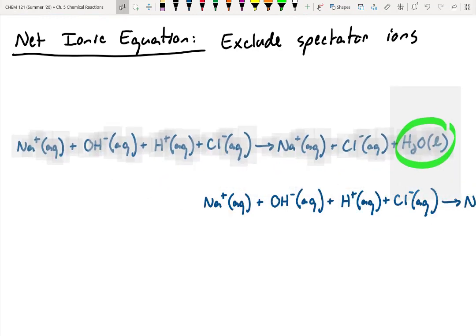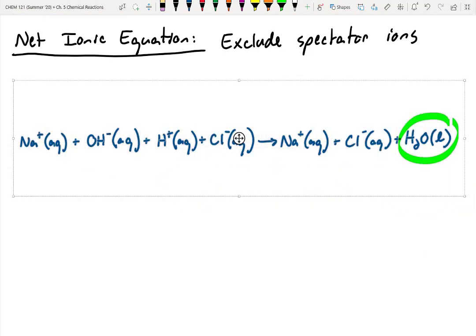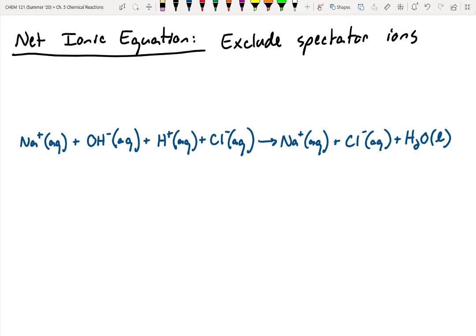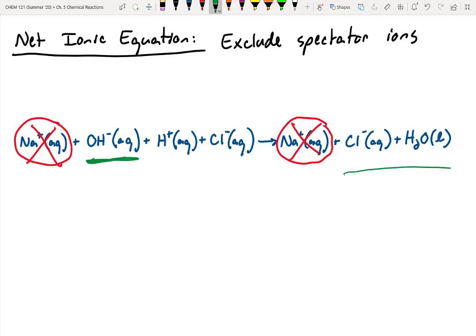And let's try to identify our spectator ions, right? Over here, sodium is present on the left-hand side and it's present on the right-hand side, so I'm going to cross these out as spectators. Then I would look for hydroxide. Well, there's hydroxide here, but it doesn't look like there's hydroxide on that side, so I'm going to leave it. Next, I've got H plus here, but no H plus over here, so I'm going to leave it.